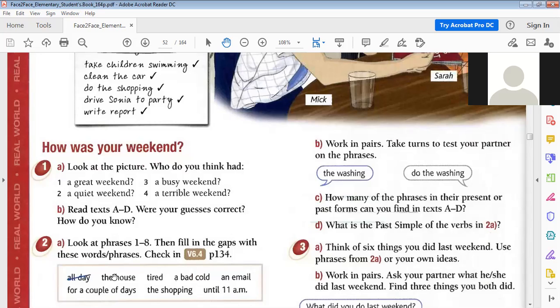Okay, Salsabil. The house. Which verb do we use for the house? Clean. Correct. An email. Which verb, Salsabil? Write an email. Good. Rana, what about tired? Which verb? To be tired, correct.